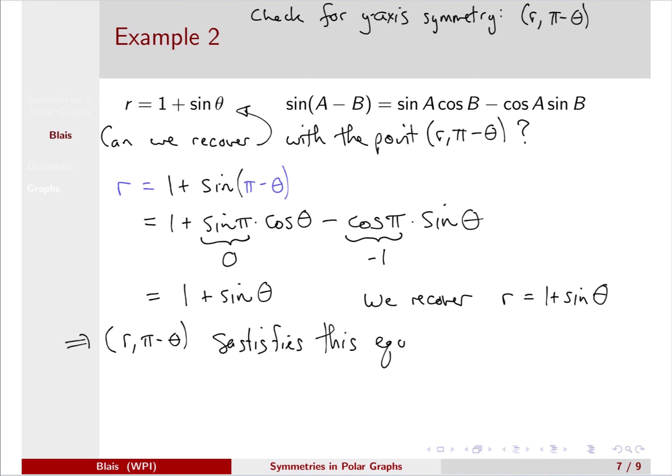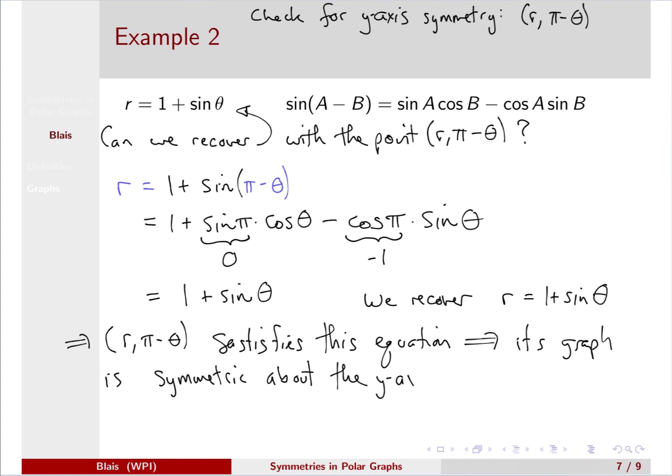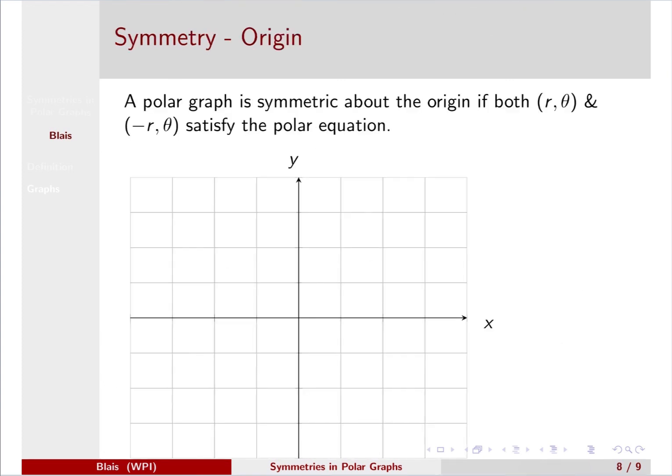Therefore, its graph is symmetric about the y-axis. And the key to using this is that it saves time when you're actually graphing, because anything you graph, you copy over about the y-axis.